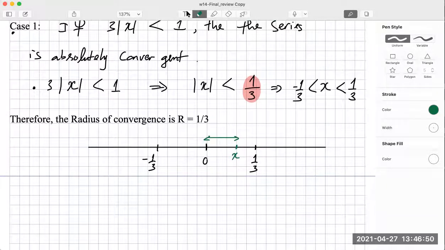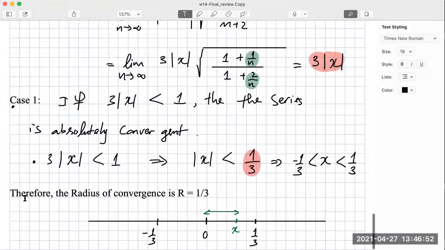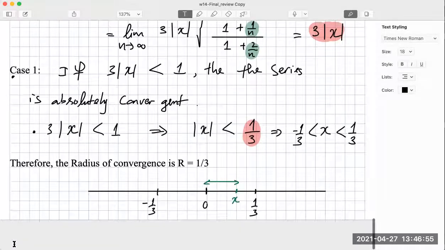We can easily conclude the second case immediately right here.